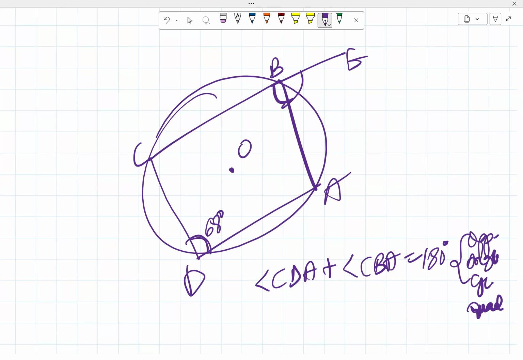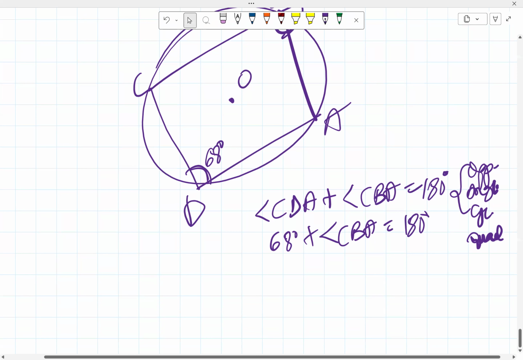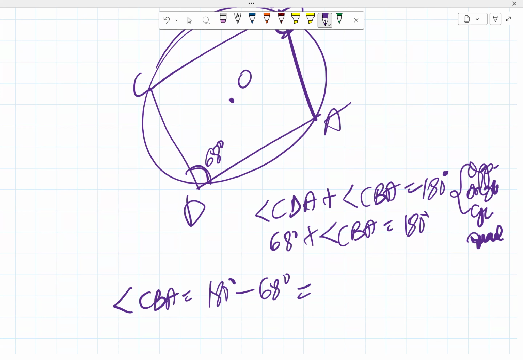And then CDA we know is 68 degrees, and CBA we can find because everything together is 180 degrees. So angle CBA is equal to 180 degrees minus 68 degrees, and that is simply 112 degrees. That is CBA.